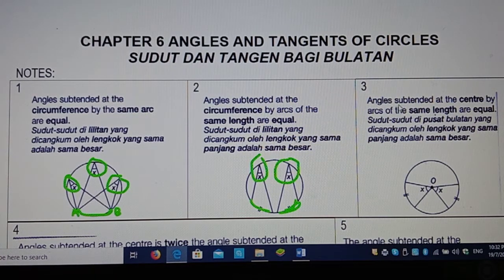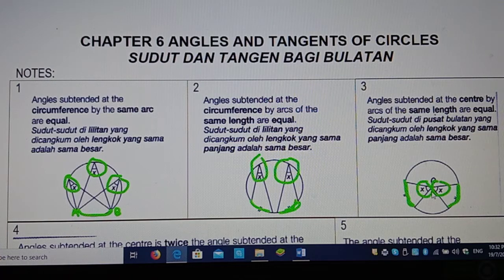Okay, number 3, angles subtended at center by arc of same length are equal. So let's say O is the center of the circle. So if you draw a line of arc here, these two are same length. So when you extend or subtend angle to the center of the circle, this angle we call it central angle.